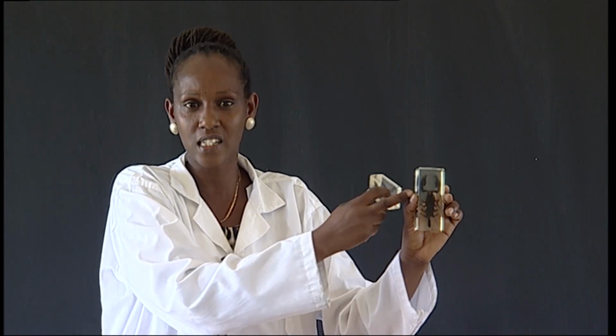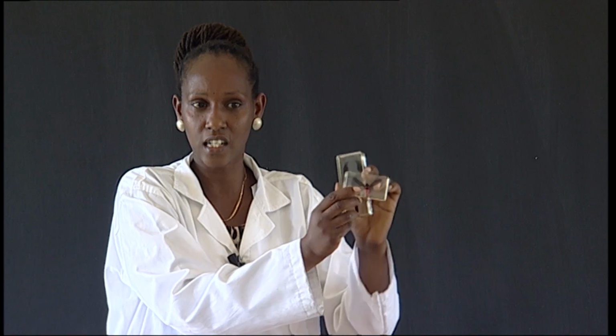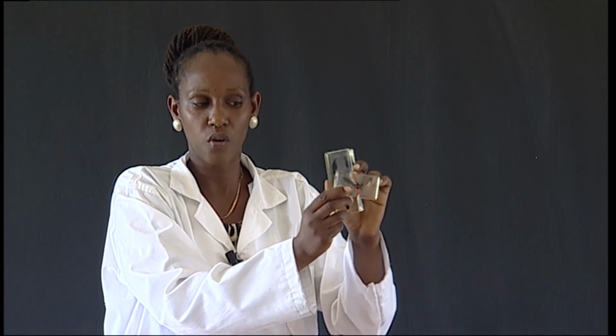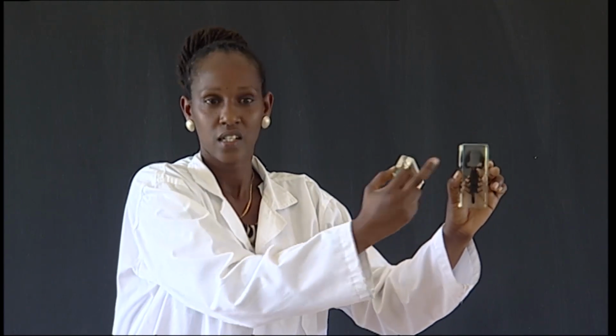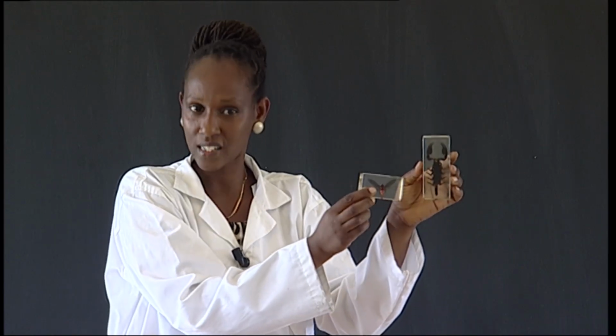From the diagram you can see, this is an insect. It has wings. An arachnida does not possess wings. This is an insect. It has antenna, one pair. And this one has no projections. It has no antenna.